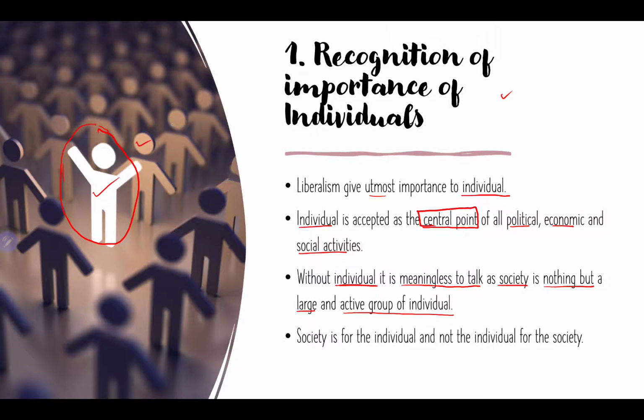But if there are numerous people in that organization, that is called a society. So society is for the individual and not the individual for society. Society is related to the individual because it has a chain reaction and people are attached to each other via society.